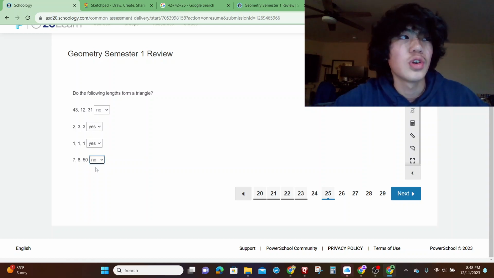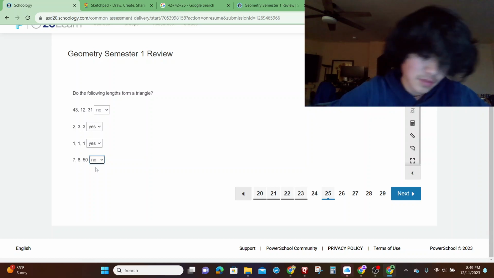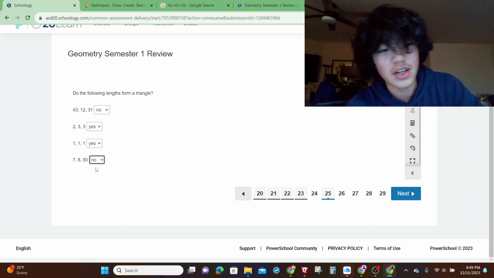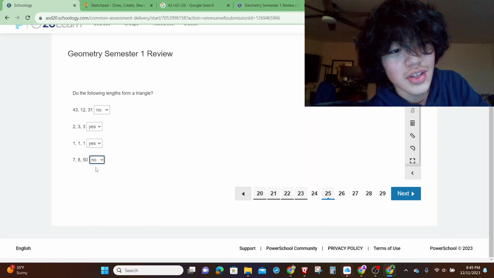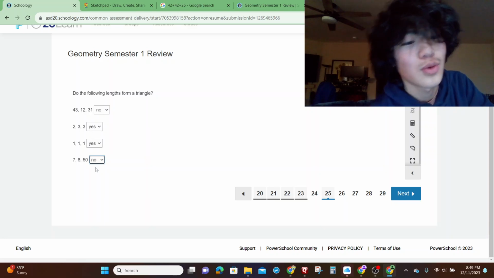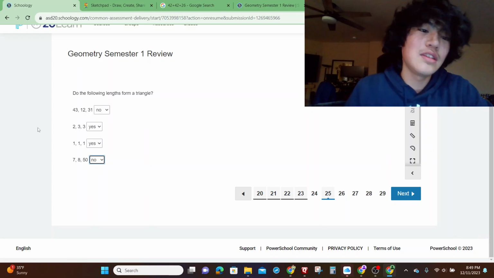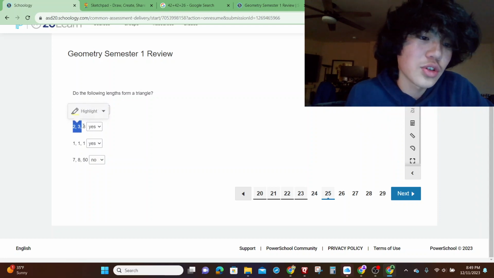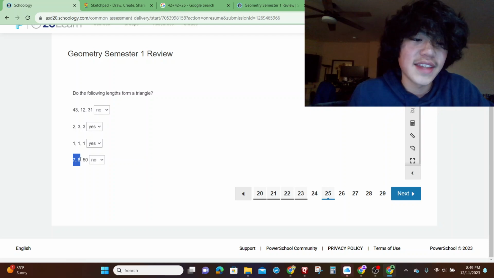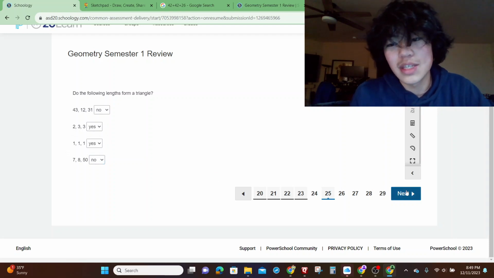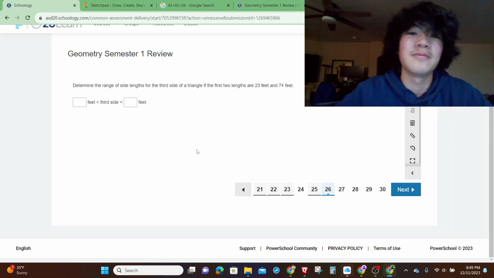We have to make sure that 7 plus 8 is greater than 50, because as you can see in the other ones that do form triangles, 2 plus 3 is greater than 3, 1 plus 1 is greater than 1. These first two numbers have to also be greater than the third number. 7 plus 8 is definitely not greater than 50, which means it cannot form a triangle, sadly.